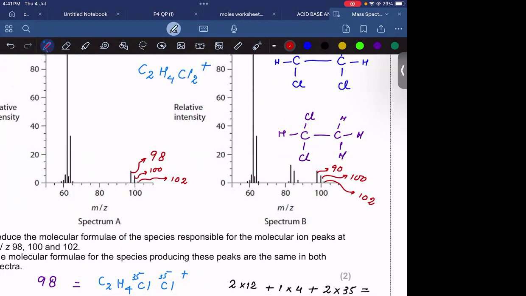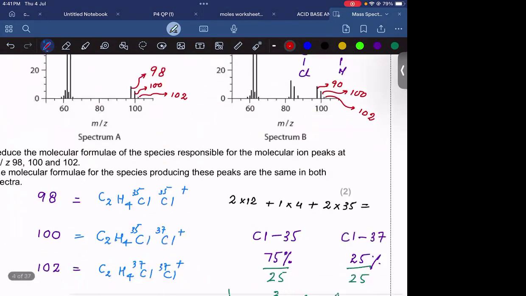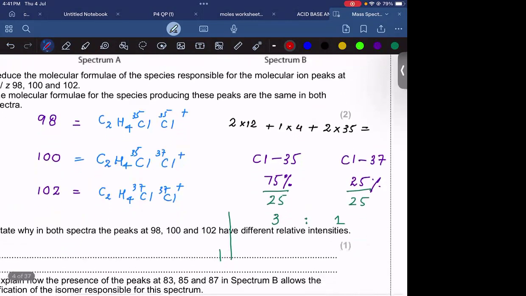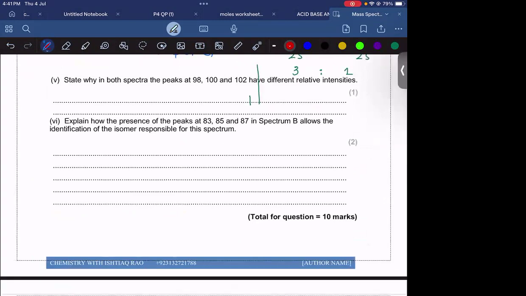So basically, remember, this is the ratio of the isotopes of chlorine, that is 9:6:1. Basically, you have two isotopes for chlorine and you have made a possibility.